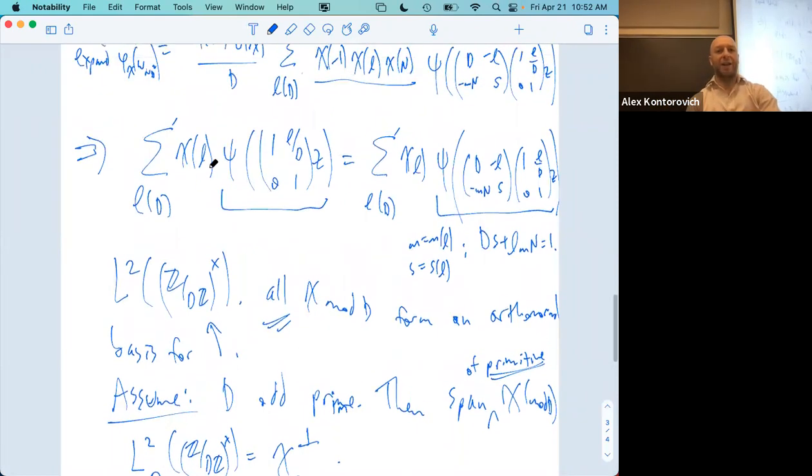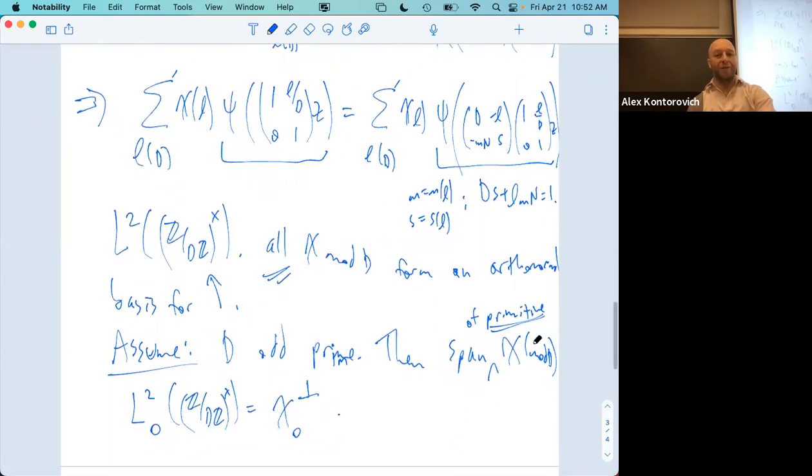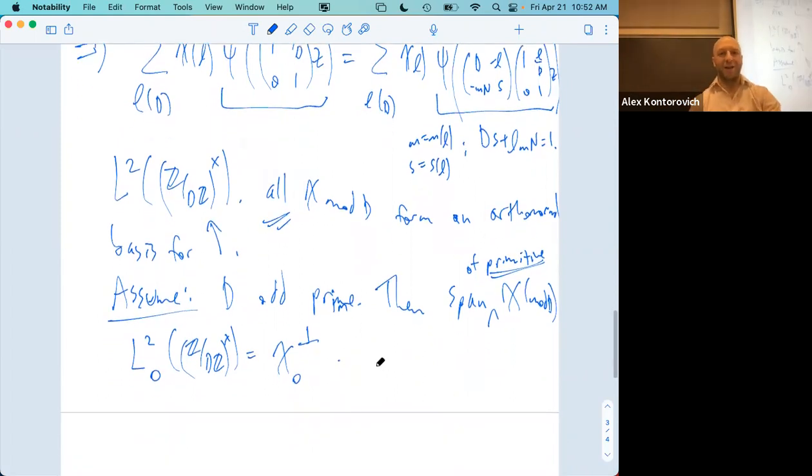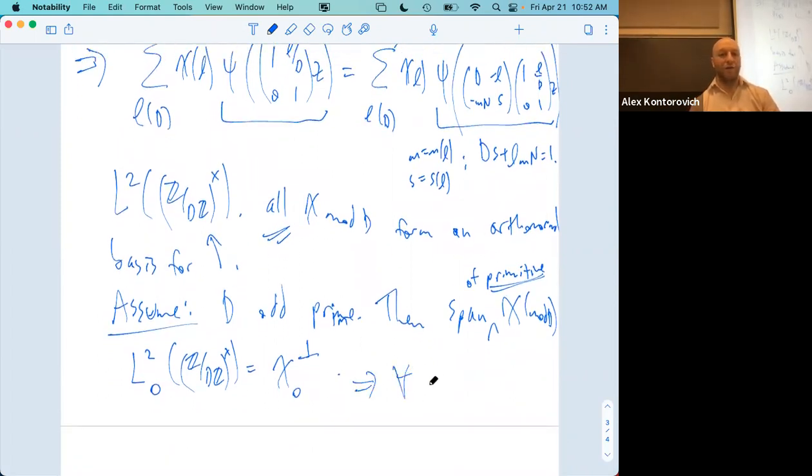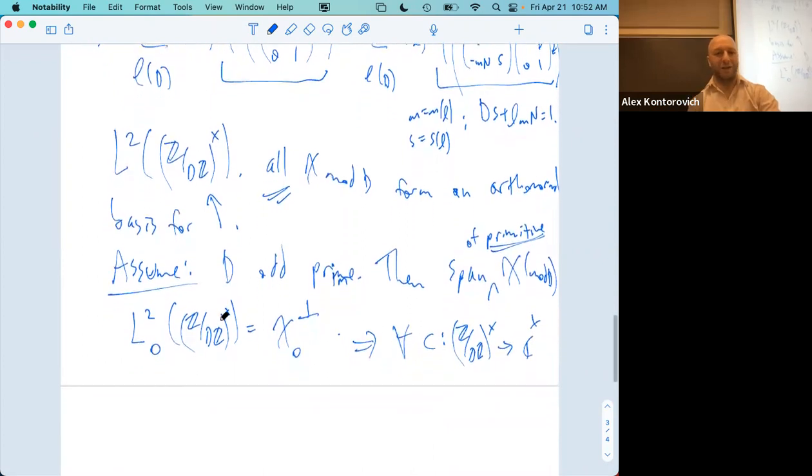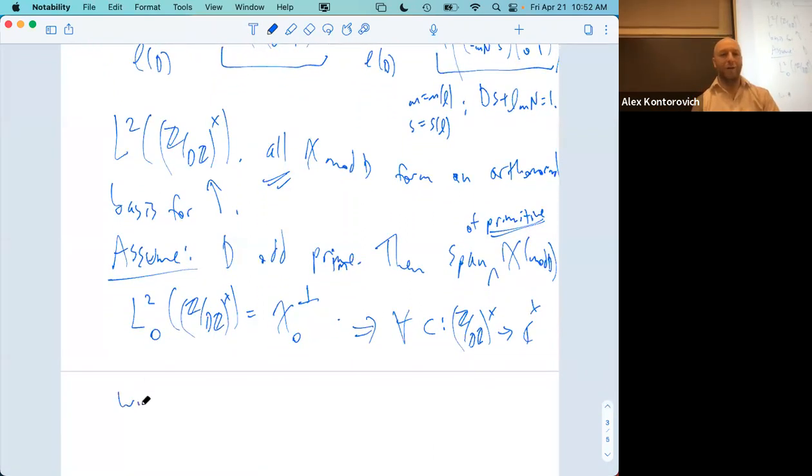So the fact that I have this identity for all primitive chi means I have it for the span of the primitive chi. This implies it for any function C from Z mod DZ cross to the complex numbers that's in the span orthogonal to the trivial character. What does it mean to be orthogonal to the trivial character? The sum of C of L mod D, coprime, equals 0.